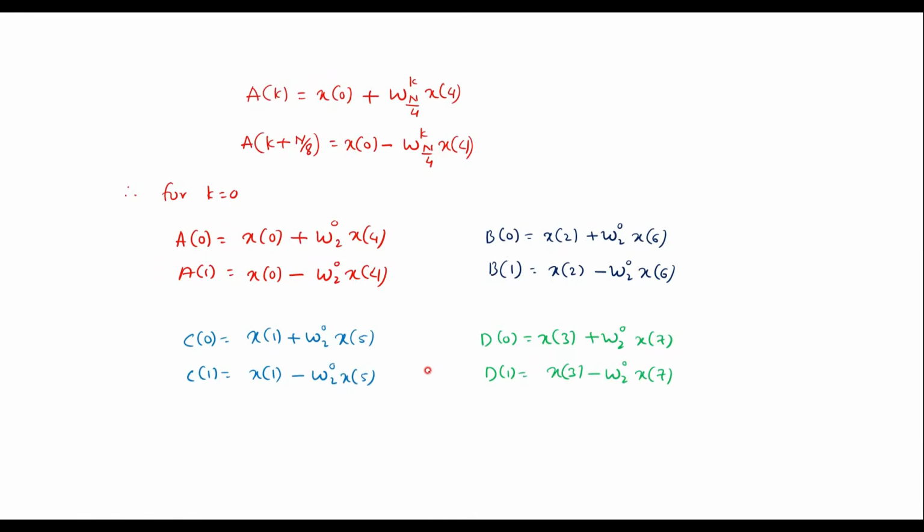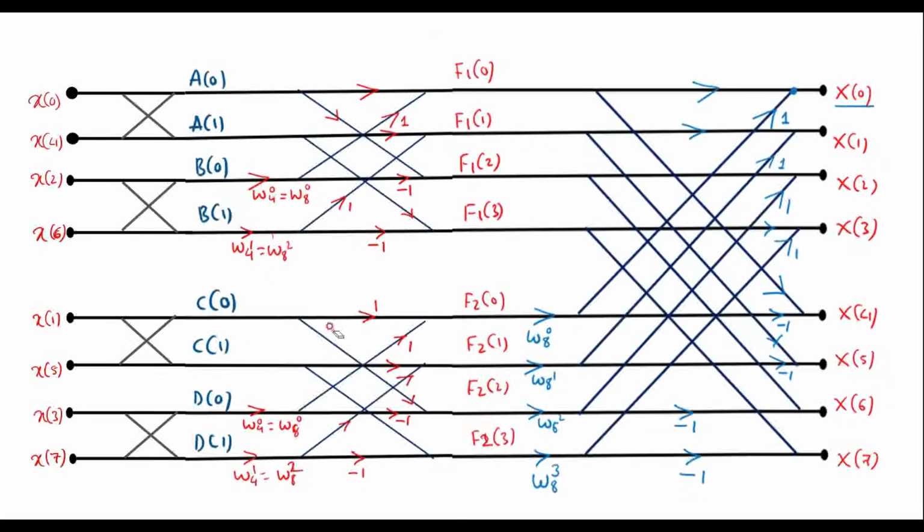Now I will draw the complete signal flow graph of the DIT-FFT algorithm. So here A of 0, here the signal goes like this. This is 1 and this is minus 1. The twiddle factor value here is W2 power 0, or as we have considered n equal to 8, it may be W8 power 0. So these are all the same.